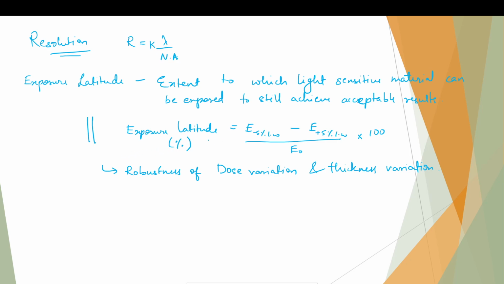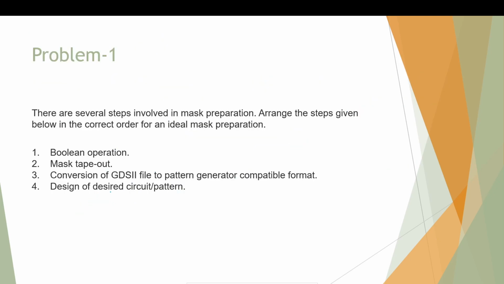We change the dose and see what is the change in the line width, and that can give us the exposure latitude. So the next thing is depth of focus.